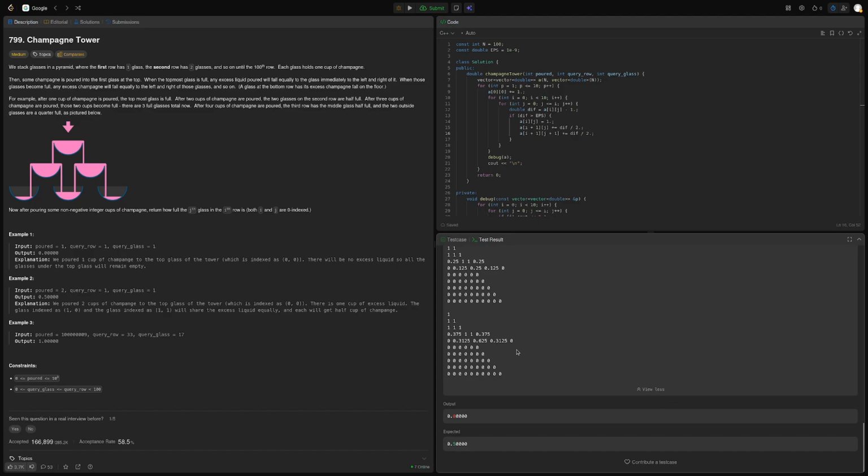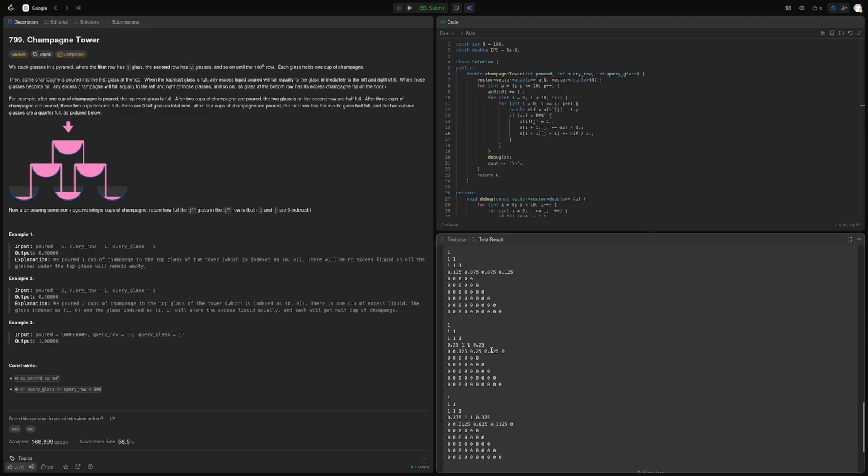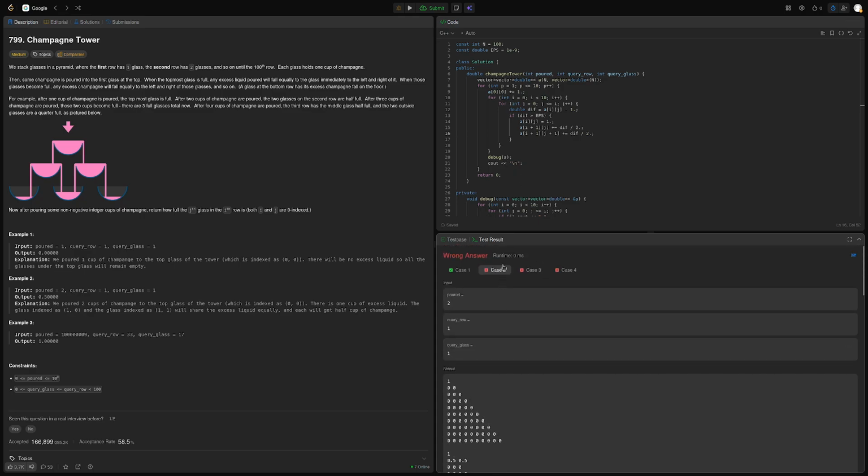Okay, so unsurprisingly, it's filled according to the distribution. I have no clue what the Pascal triangle is, bro.